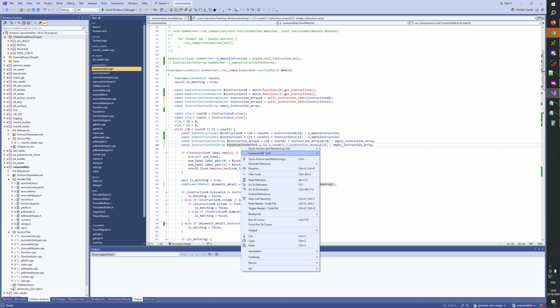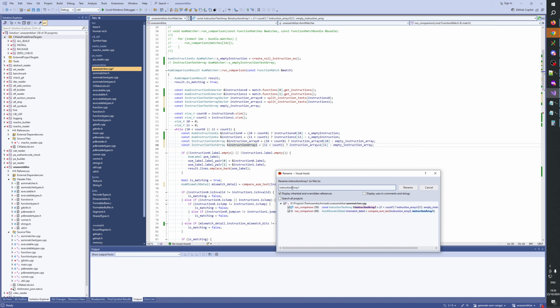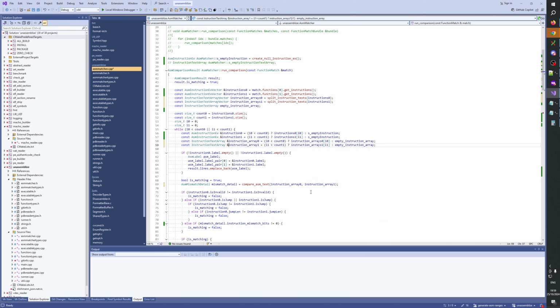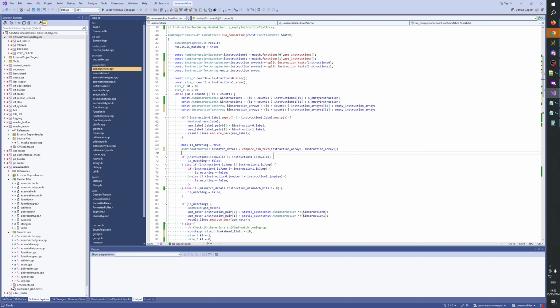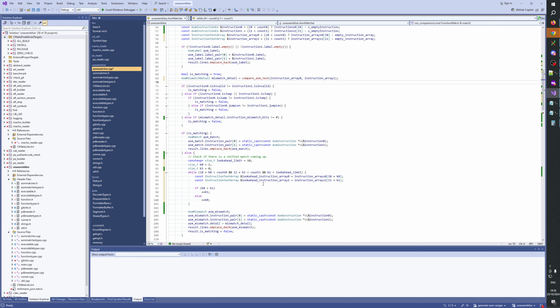Instruction array. The naming here is a little bit ambiguous. We have instructions and instruction arrays. Sounds very similar, but okay. Good. So look ahead instruction array 0 and 1.